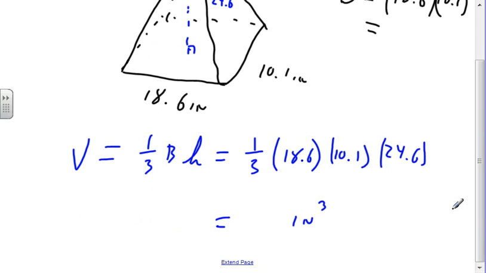We're only going to keep 3 significant digits. It looks like I've got 1,540 inches cubed.